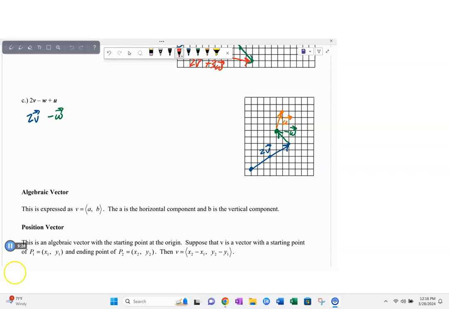And so the resultant vector started here, ended there. So I want to draw it from there to there in red. That's 2v minus w plus u. Okay.